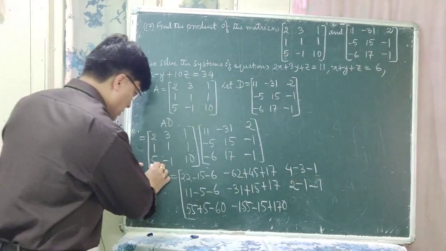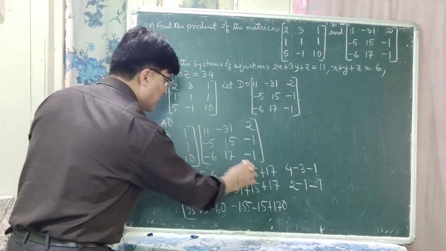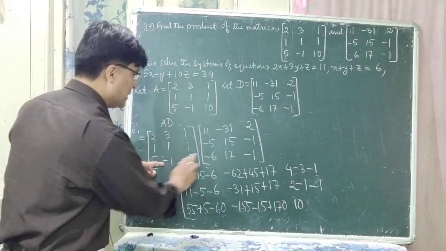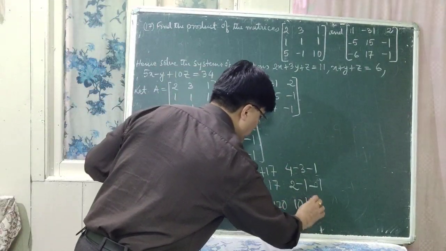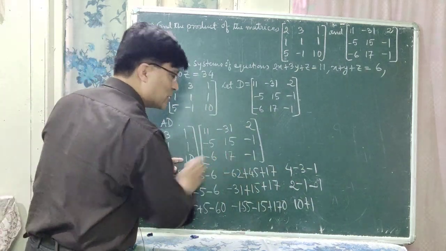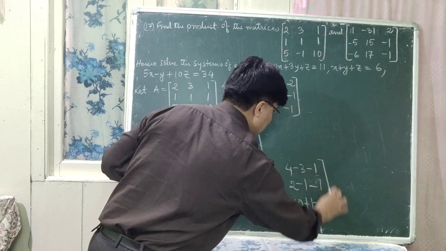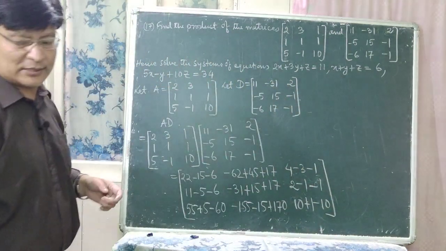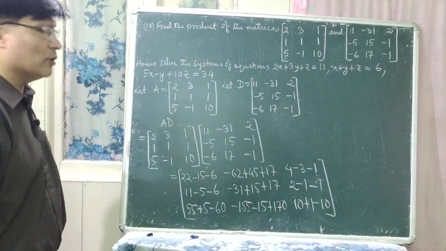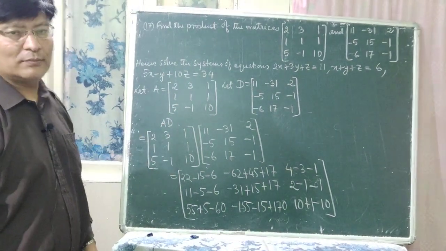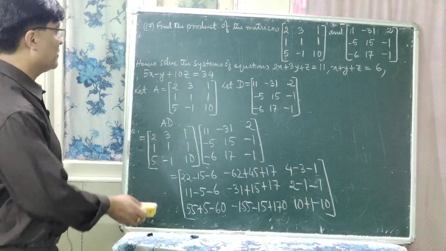Next one, this third row should be multiplied by third column: 5 2s are 10, minus 1 into minus 1, plus 1, 10 into minus 1. What is 10 into minus 1? Minus 10. So the matrix sign is closed now. So you know how to multiply the two given matrices, right?